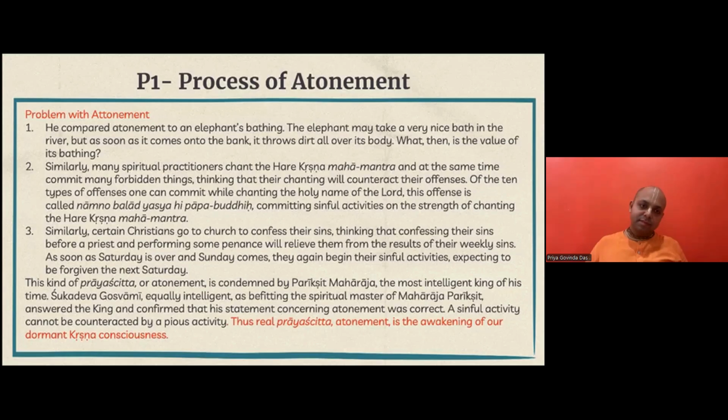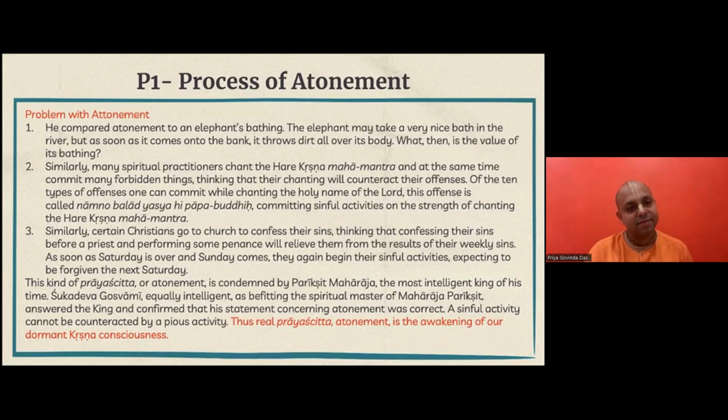Of the 10 types of offenses one can commit while chanting the holy name of the Lord, this offense is called namno baladhyasya hi papa buddhi, committing sinful activities on the strength of chanting the Hare Krishna Mahamantra.